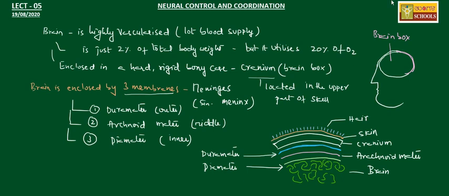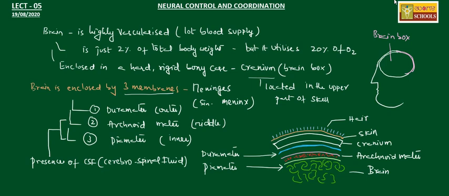Now the space between arachnoid and pia mater is filled with a fluid. It's called cerebrospinal fluid. So between these two layers is the presence of CSF, that stands for cerebrospinal fluid.